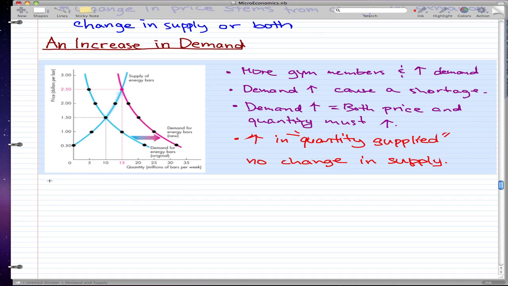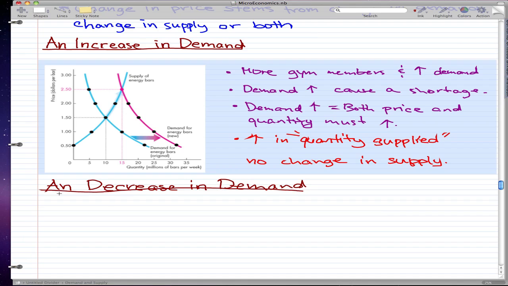Now, the last topic I want to cover is, since we did an increase in demand, we might as well do the decrease in demand. A decrease in demand.